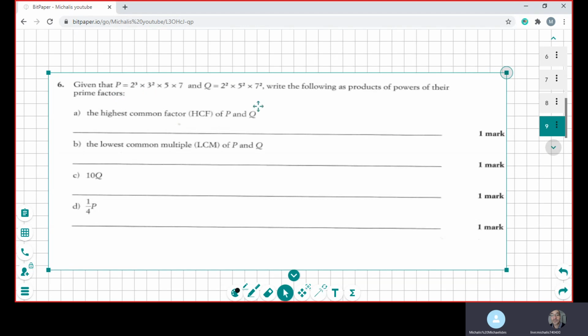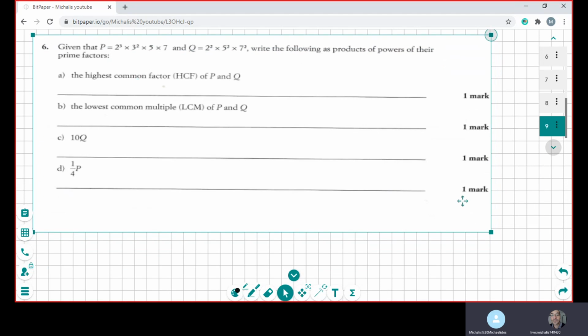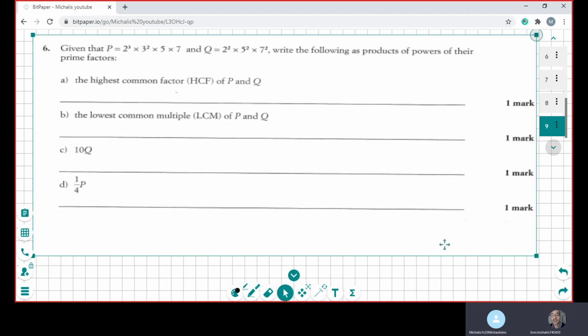So P is 2 to the power of 3 times 3 squared times 5 times 7, and the number Q is 2 squared times 5 squared times 7 squared. And find the highest common factor between P and Q.